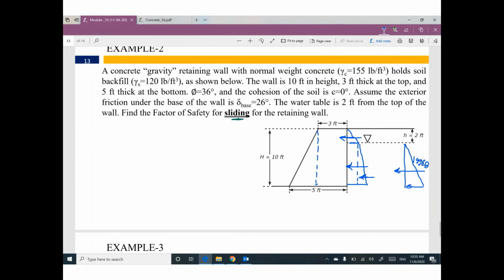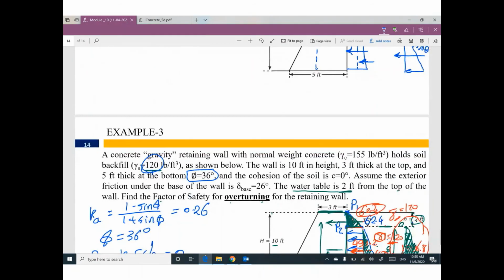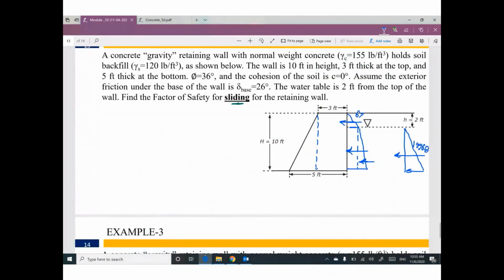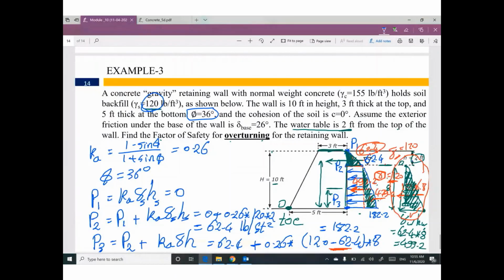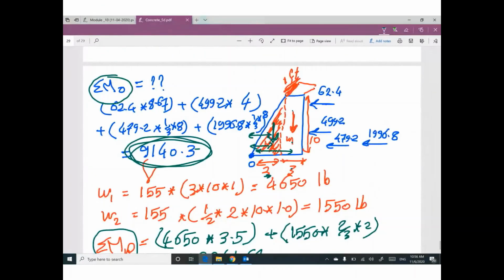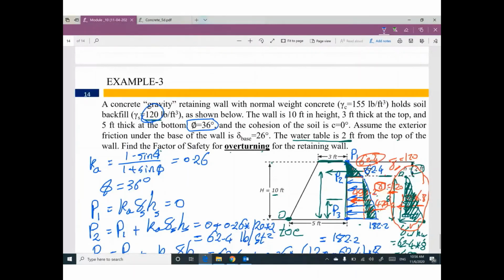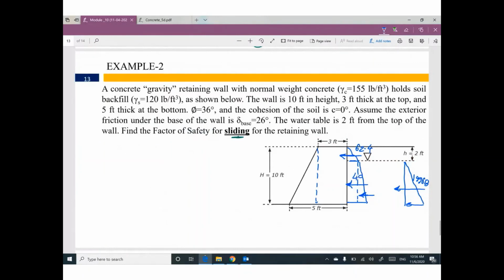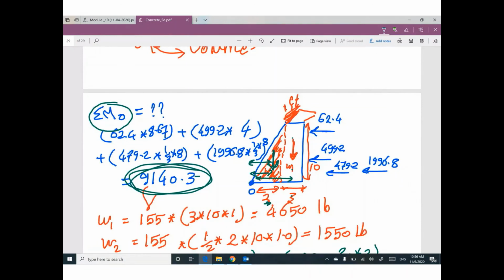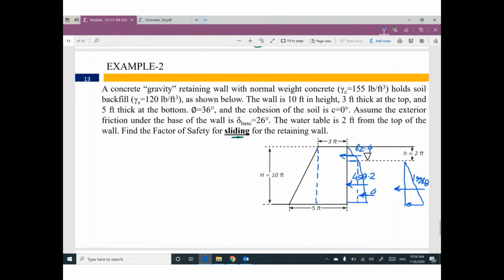These values: 62.4. This value, 400. What's the value here? Let me get it from here. 499.2. 499.2. And this force, 479.2.